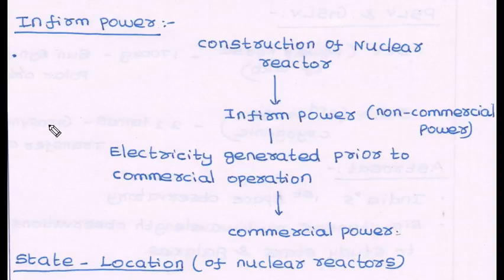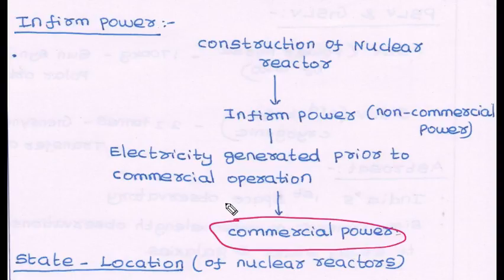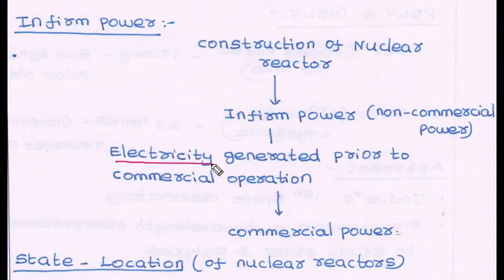After some time, after analyzing the performance of the new nuclear reactor, if everything is okayed, then the infirm power will become commercial power and will be integrated with the grid. So simply, infirm power can be defined as the electricity generated in a nuclear reactor prior to its commercial operation.